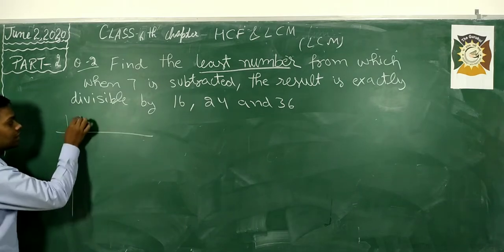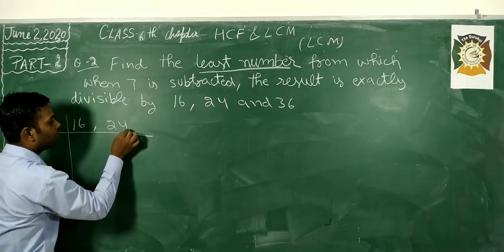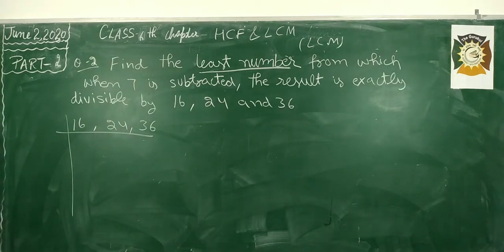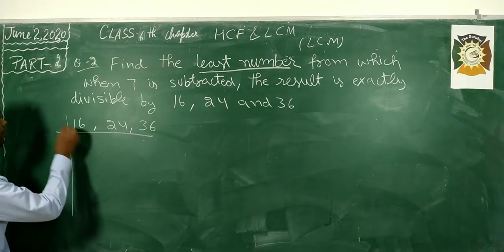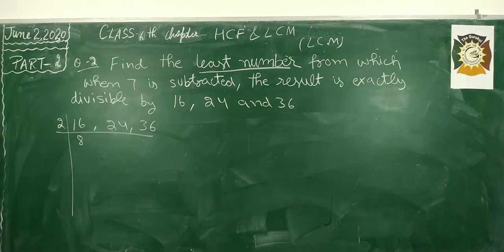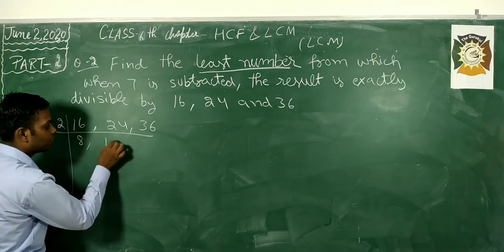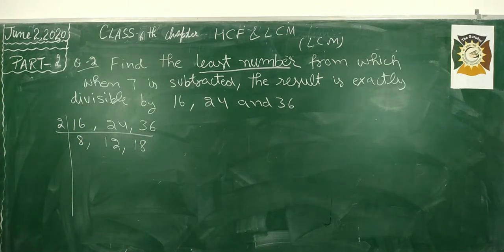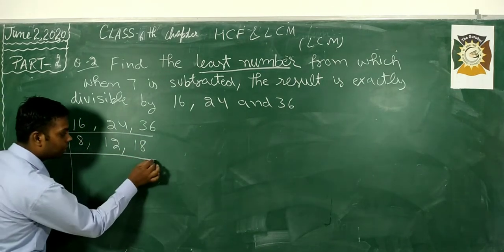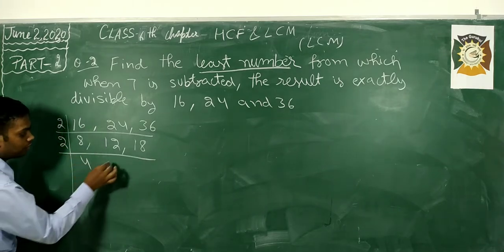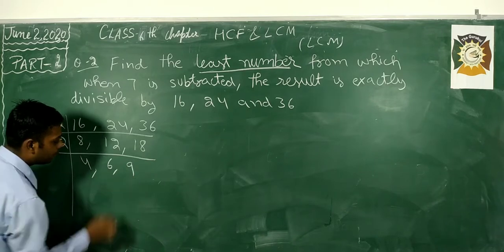Write these numbers: 16, 24 and 36. All three numbers are even, so divide by 2. 16 divided by 2, the quotient is 8. Dividing, we get 12 and 18. Next, all three numbers are divisible by 2, even numbers. Divide by 2, that is 4, 6 and 9.